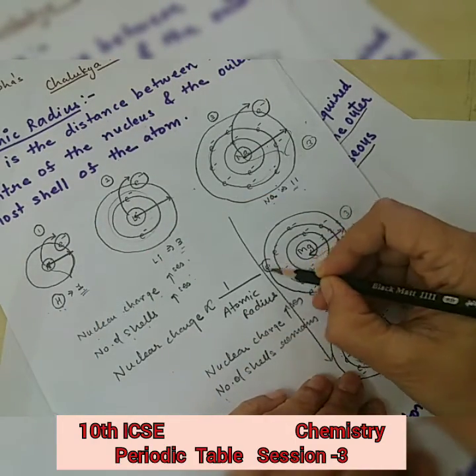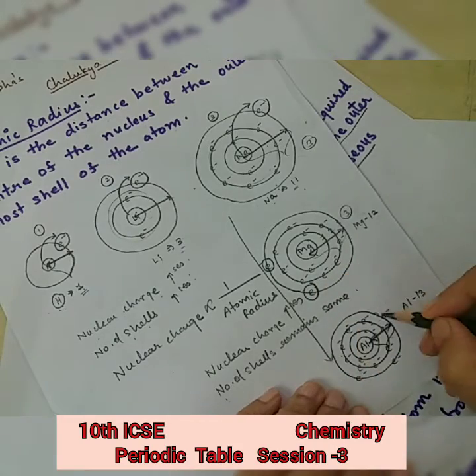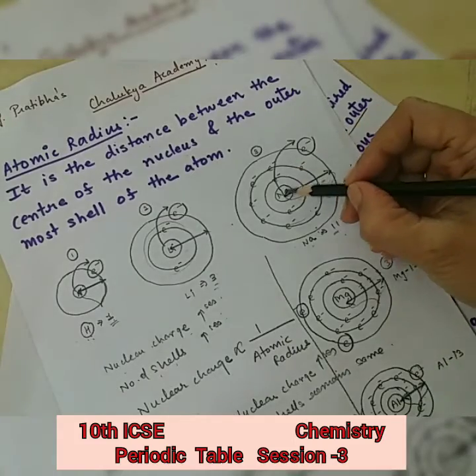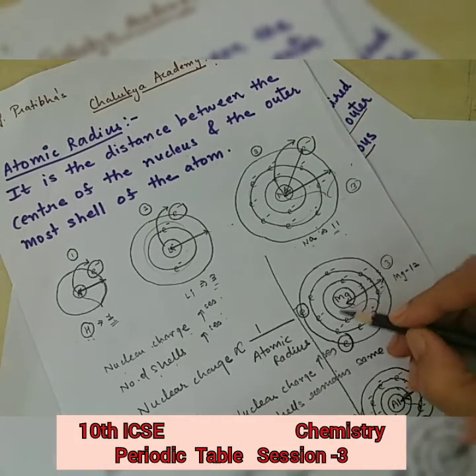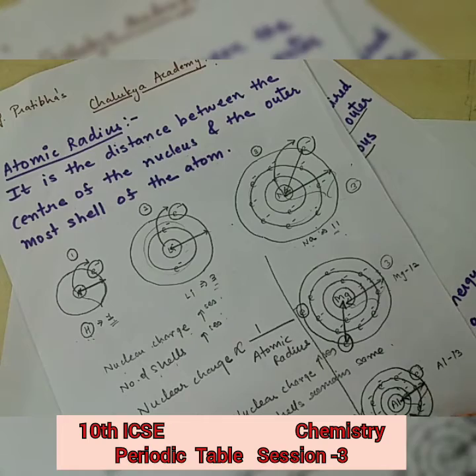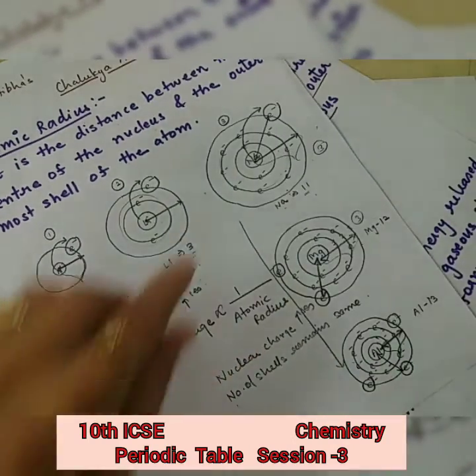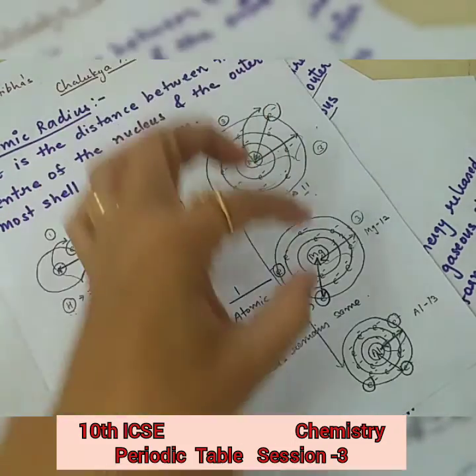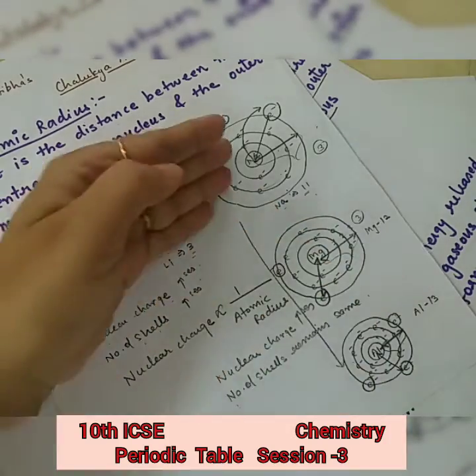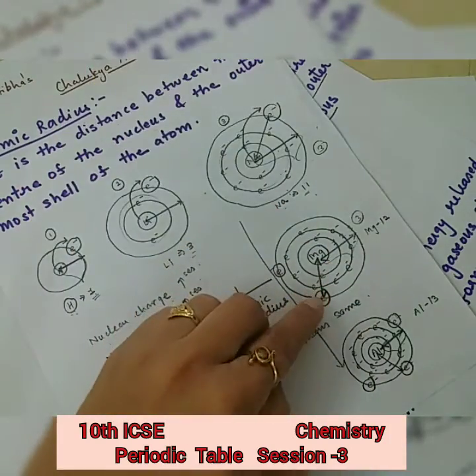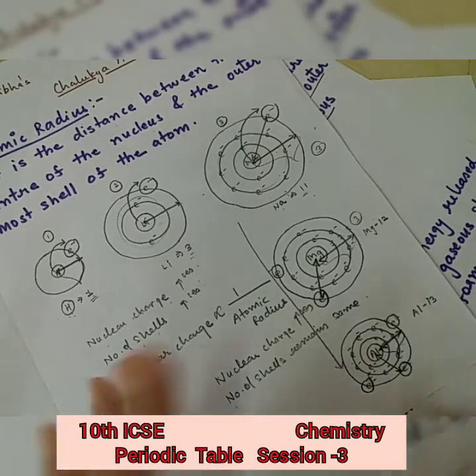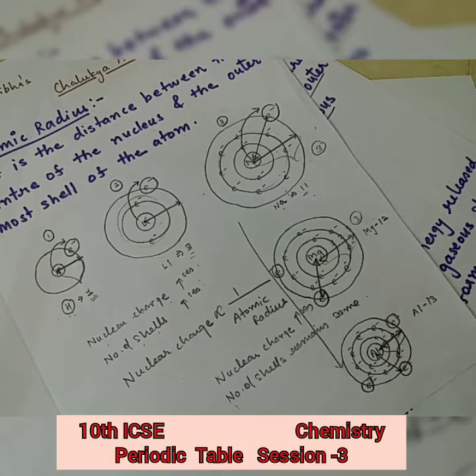In magnesium these are the valence electrons, in aluminum these are the valence electrons. The distance between the nucleus and the valence electron is decreasing as we move from sodium to aluminum. If this distance decreases, that means the nuclear charge on the outermost electron increases. So definitely we need more energy to remove electrons from the outermost shell.